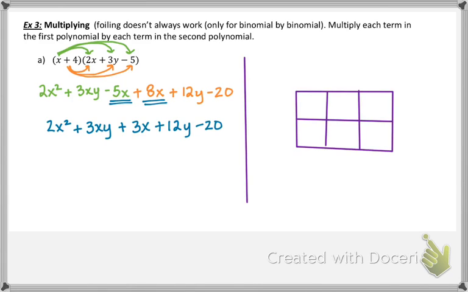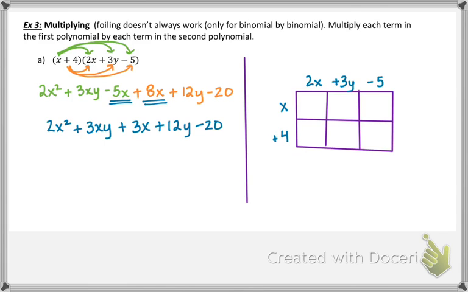Okay, and then I'm going to write x plus 4. You could put plus, or usually if we don't put a sign, we assume that's positive. And then across, we're going to have 2x plus 3y minus 5.